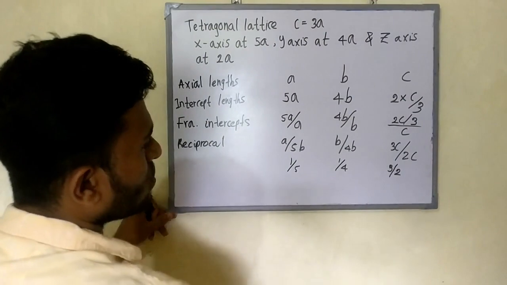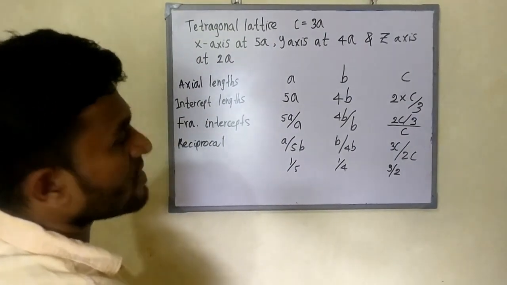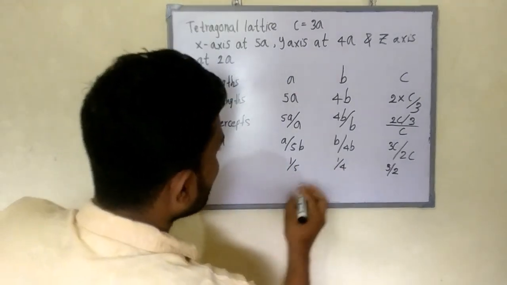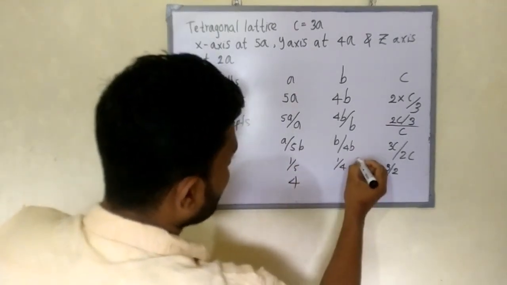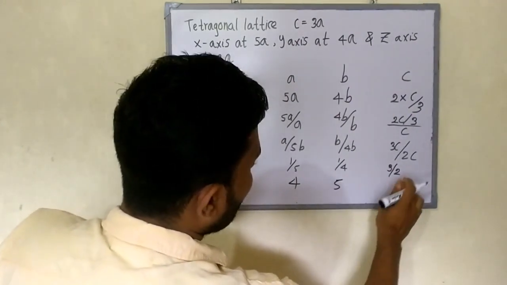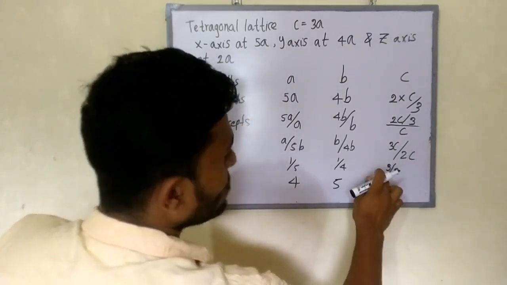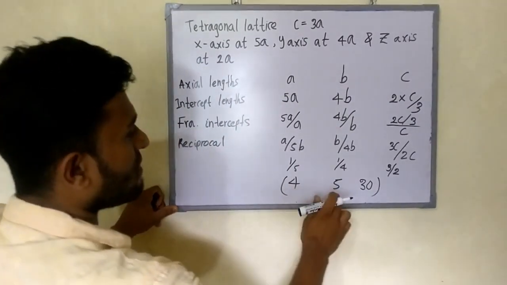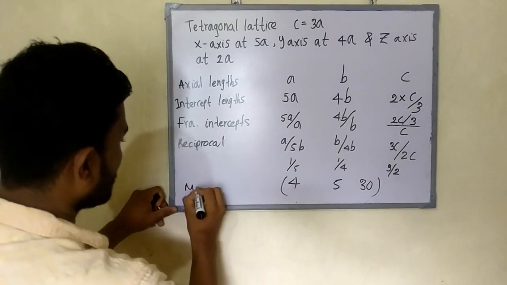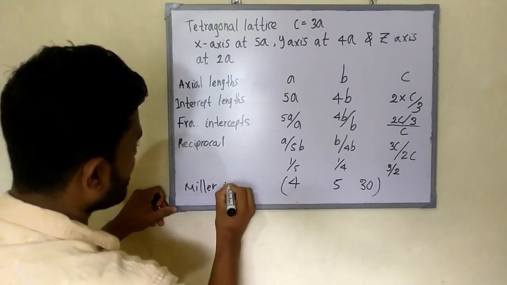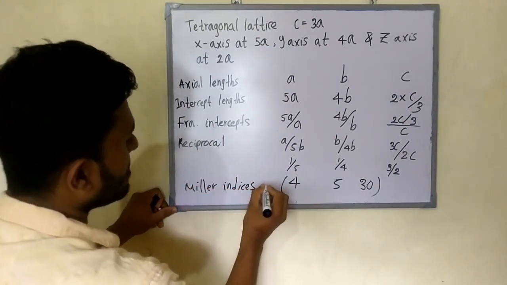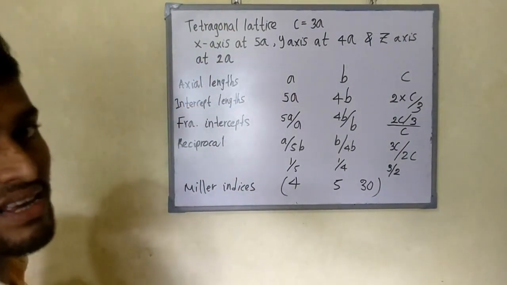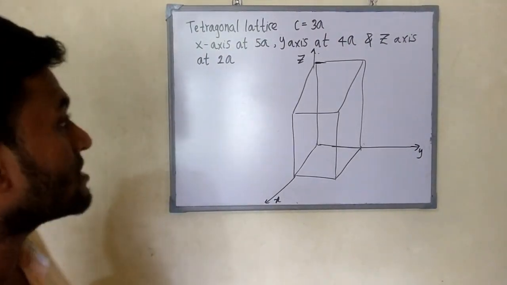For 5, 4, 2 the value will be 20. 20 divided by 5 is 4. Here it is 5, and here it is 10 into 3, meaning 30. So your Miller indices will be 4, 5 and 30. And let's look at how this plane is. This is the tetragonal lattice we can draw.